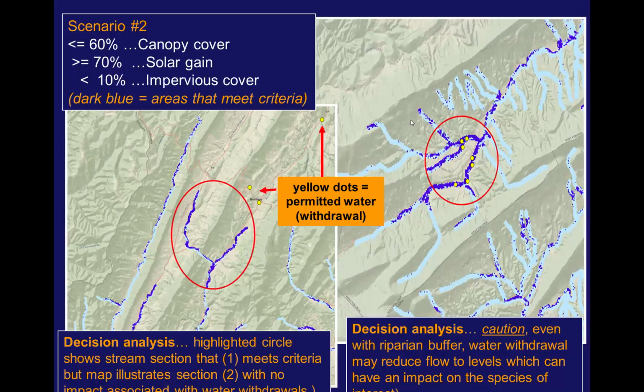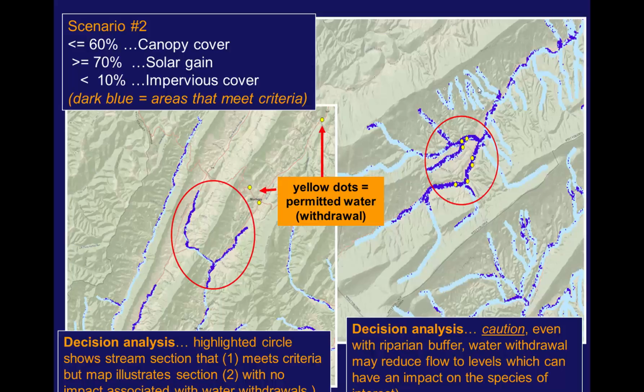The second example is that this analysis was run using the exact same parameters, but I incorporated an additional data layer. This is to get you thinking about not only the parameters that you're setting in the tool, but how you can use the output in conjunction with other data layers that you might already have.